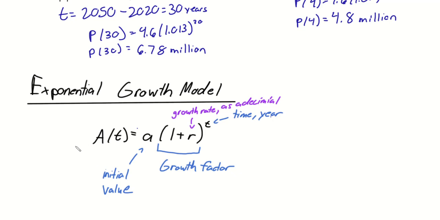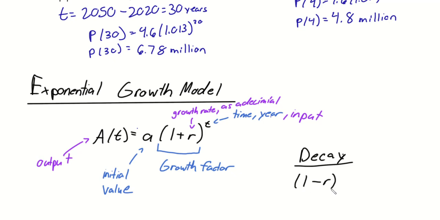What do we think we call A of t? If t is our input, A of t is our output at the end. Now let's say I had a decay. That is going to change our 1 plus r to 1 minus r. This is now called what, Sunny?